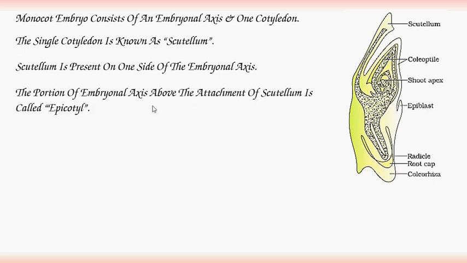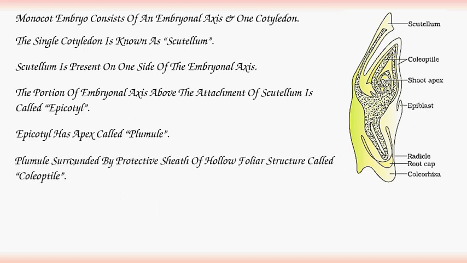The portion of the embryonal axis above the attachment of the scutellum is called the epicotyl, and that epicotyl consists of the shoot apex called the plumule.